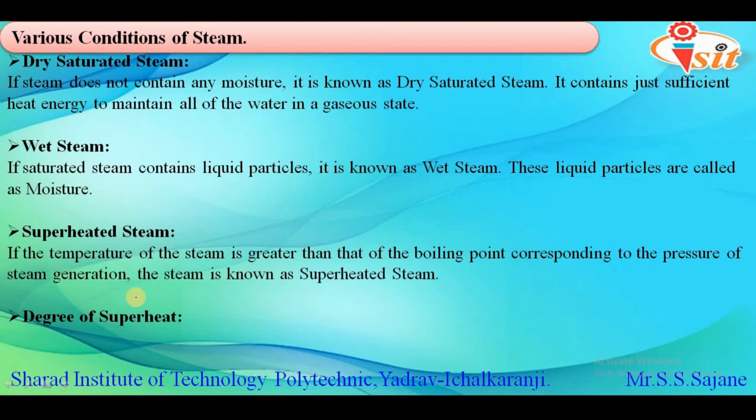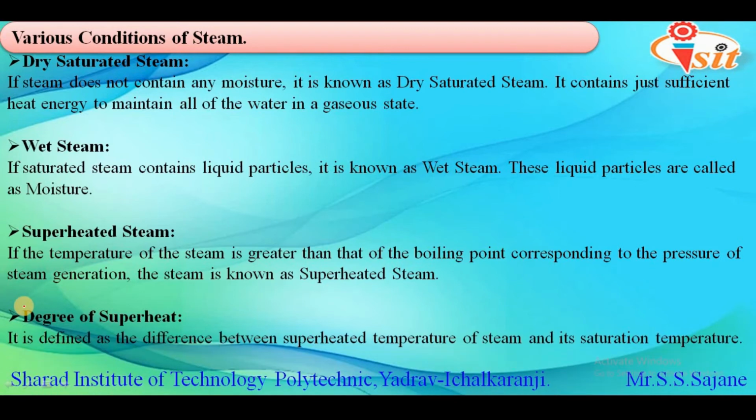Apart from this, there is one more important definition related to the condition of steam, and this is degree of superheat. Most of the times in the MSBTE paper, they ask this definition. So let's see what degree of superheat is.